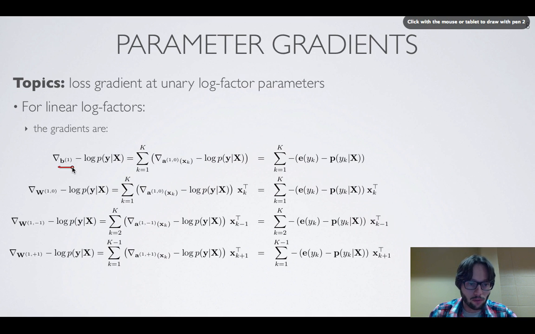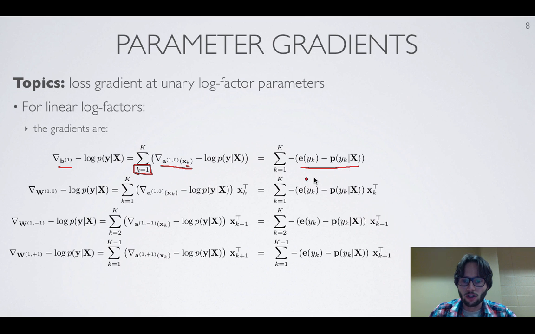So the gradient with respect to the bias would be the gradient with respect to the pre-activation function for the center of the window, summed over all positions k. And we've seen before that this gradient is the one hot vector minus the vector of marginal probabilities for position k.